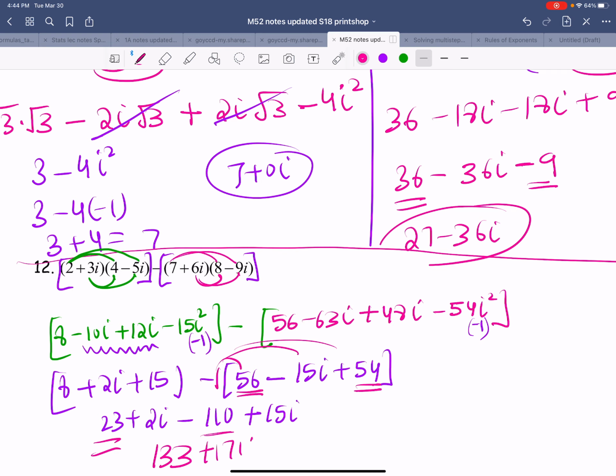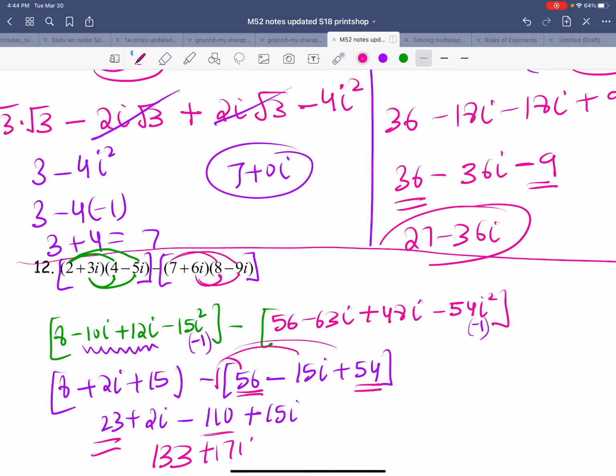8 minus 10i plus 12i minus 15i squared. Okay, and that's plus 2i. 8 plus 15, 23 plus 2i. That's absolutely right.